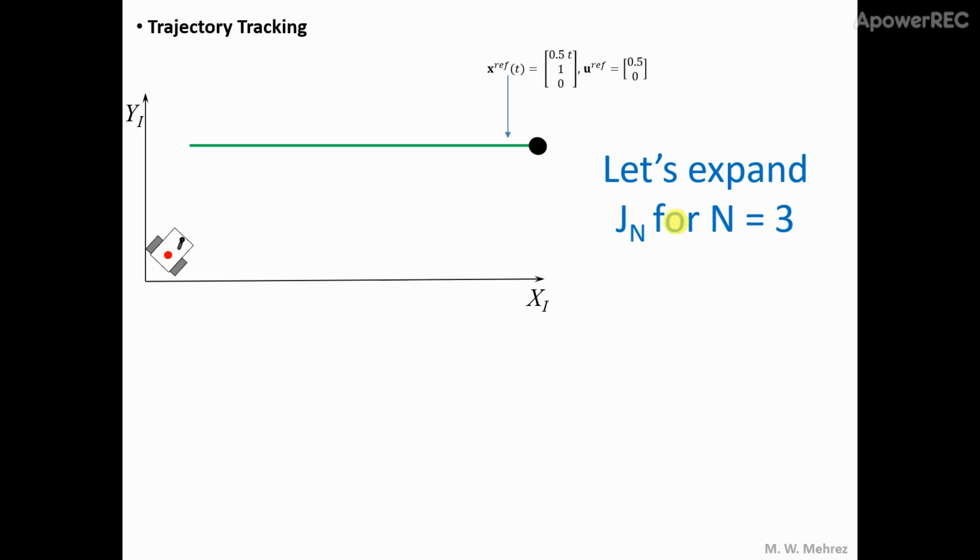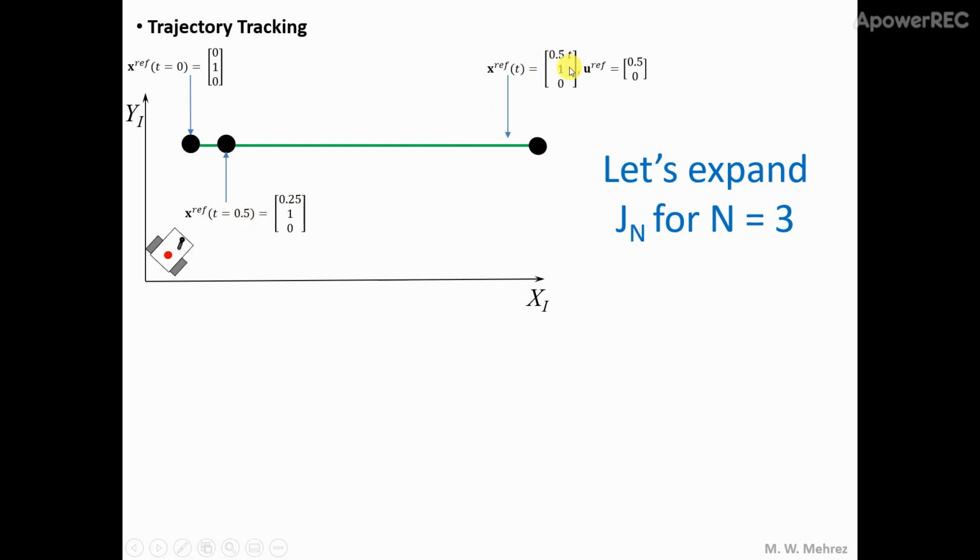So in order to do so, we have to get the first three reference points along this trajectory. So let's say, for t equals 0, the first reference along this trajectory becomes 0, 1, and 0. And then let's say that our sampling time is 0.5 seconds. So this means that the next reference point along this trajectory is obtained by substituting t equals 0.5.